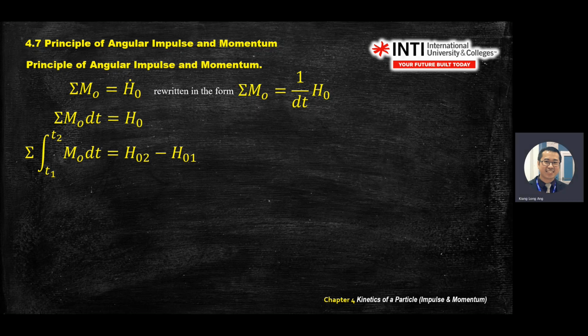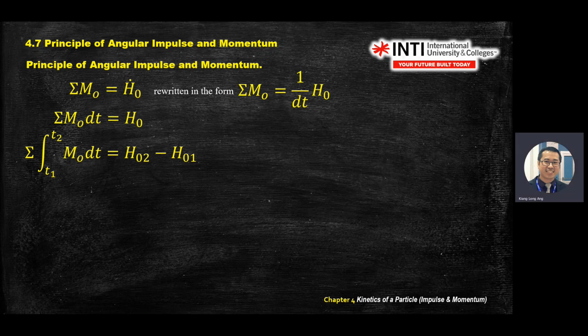Again, impulse, you only take something related to time, right? Linear impulse, you take force. Angular impulse, you take moment. Linear impulse, you integrate force times time. But angular impulse, you integrate moment dt.